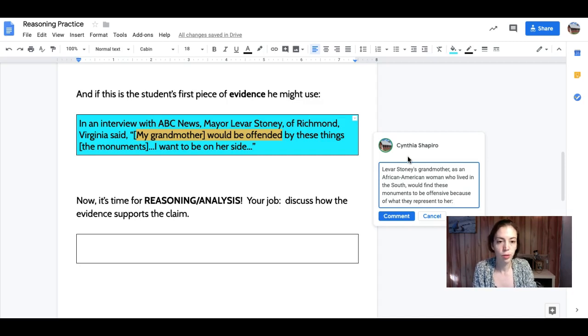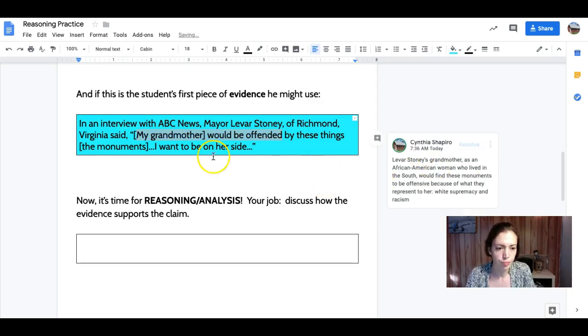And to her, he was saying in the interview that they would represent white supremacy and racism. Okay, so that's one thing.